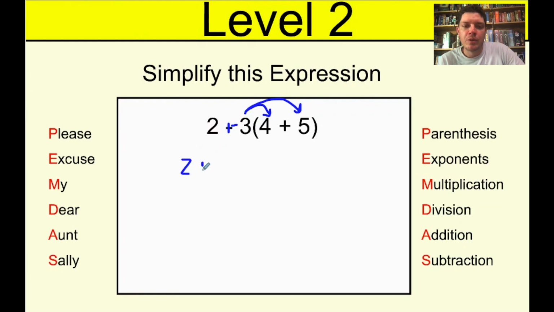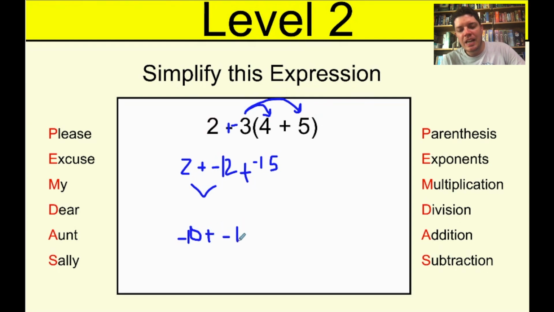So we would have 2 plus negative 3 times 4 is negative 12 plus negative 3 times 5 is negative 15. Oops, I wrote that really terribly. And then from left to right, you would add stuff together. So 2 plus negative 12 is negative 10. Oh my gosh, this is gorgeous. Look at that writing.